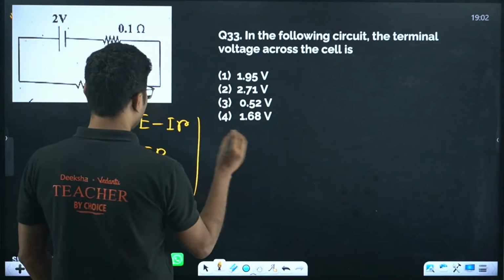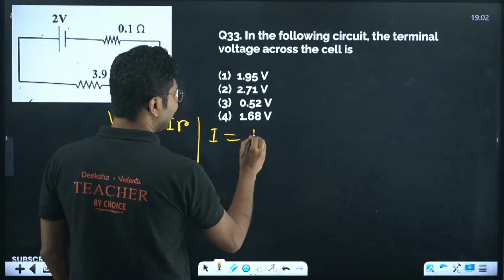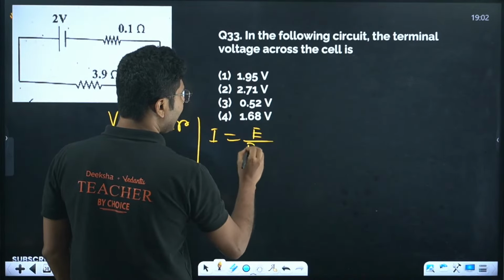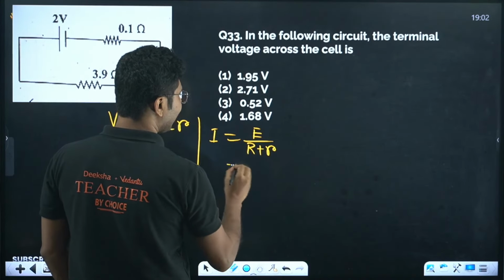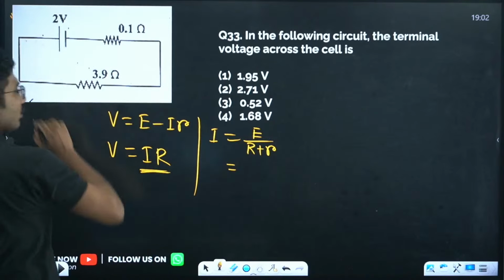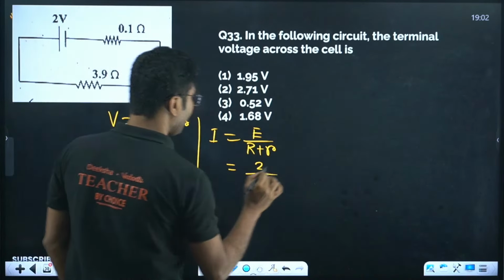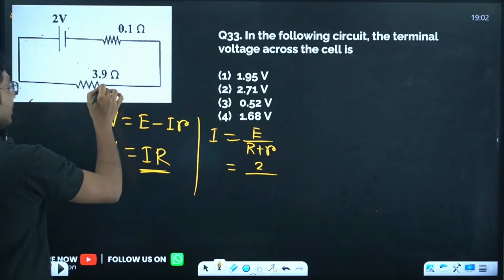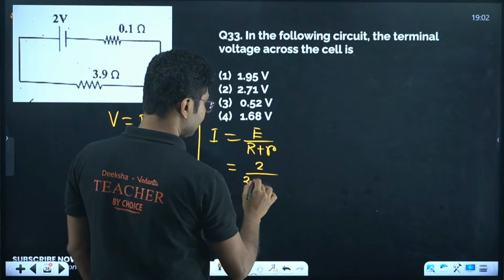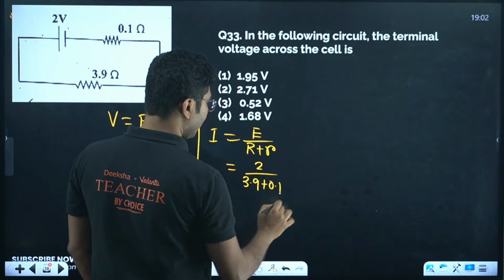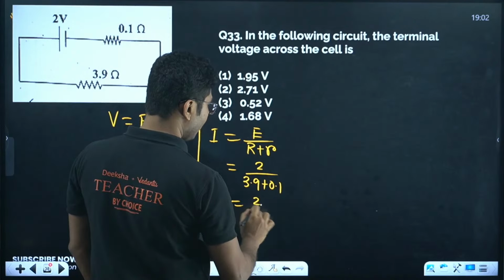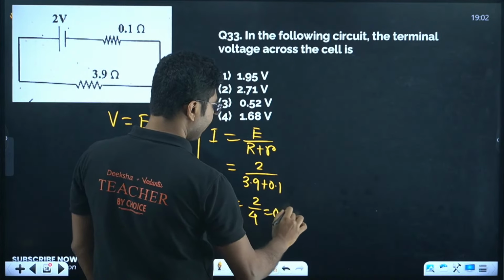So what is the current? Current is E divided by R plus r. So what is E here? E is 2 volts. Capital R is 3.9, small r is 0.1, so it will be 2 by 4, that is 0.5.